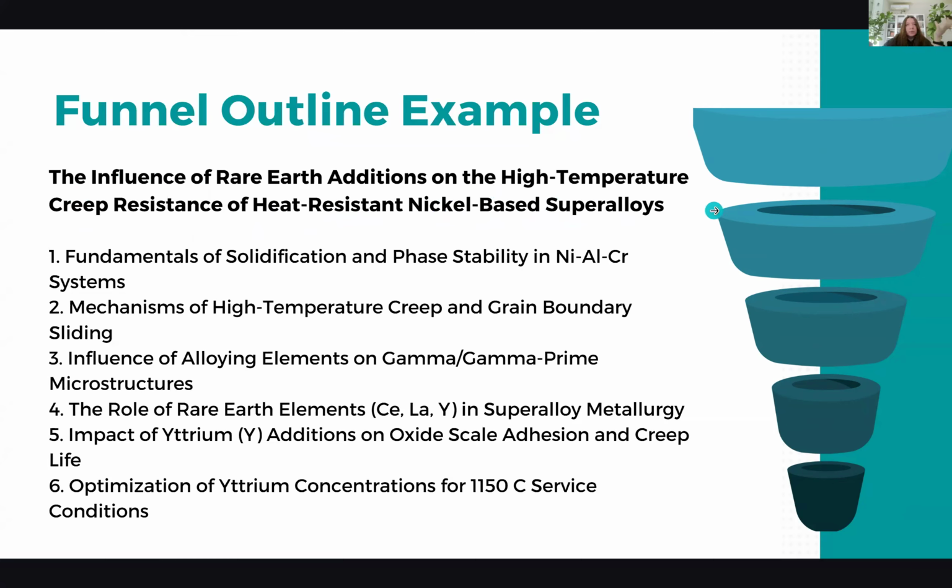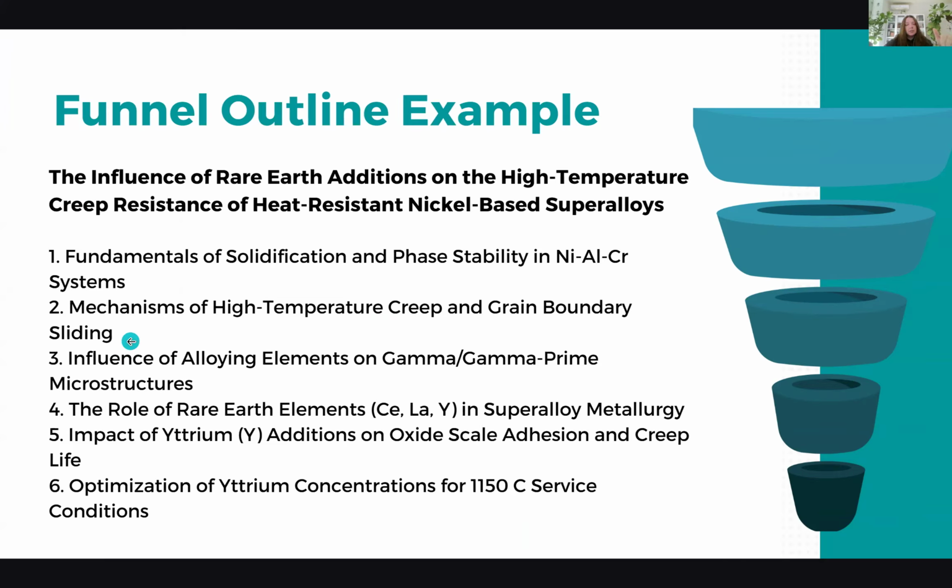So if you want to use a funnel type literature review, you start with fundamentals of solidification and phase stability in nickel, aluminum, chromium systems. So generally, how does solidification and phase stability in these specific alloys work? That's a pretty broad topic. Next, you narrow it down a little and focus on the mechanisms of high temperature creep and grain boundary sliding. So not just phase stability, but the specifics of creep and grain boundary sliding.